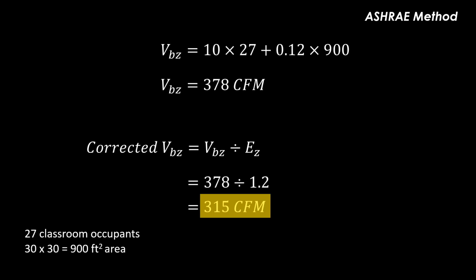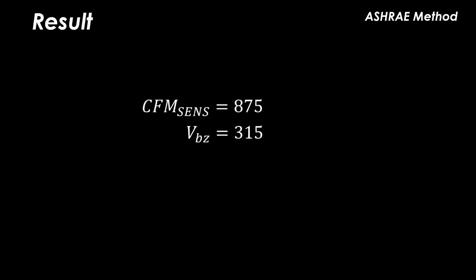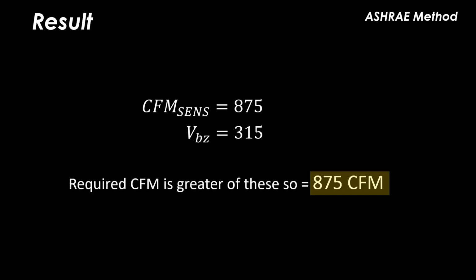To calculate the actual ventilation rate required, we simply divide the VBZ number by the EZ number, which results in 315 CFM. So to arrive at our final total airflow rate for the classroom, we need to use the greater of the sensible load and ventilation requirement calculations, which is 875 CFM.